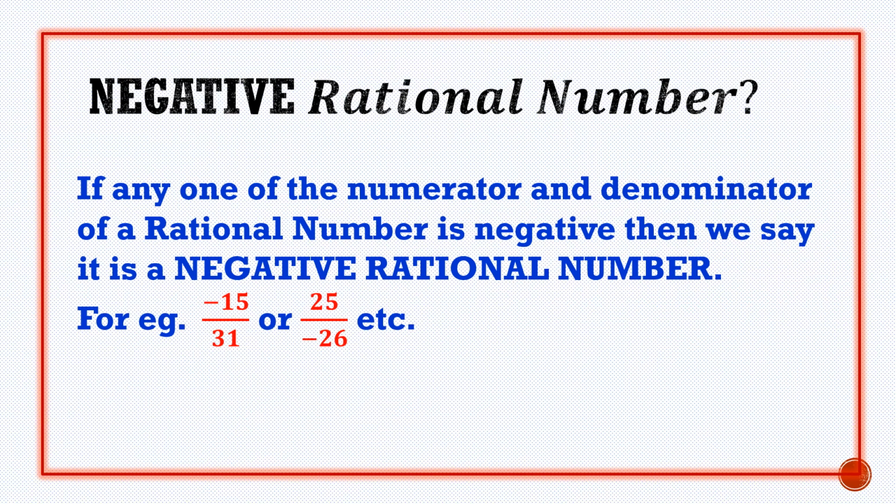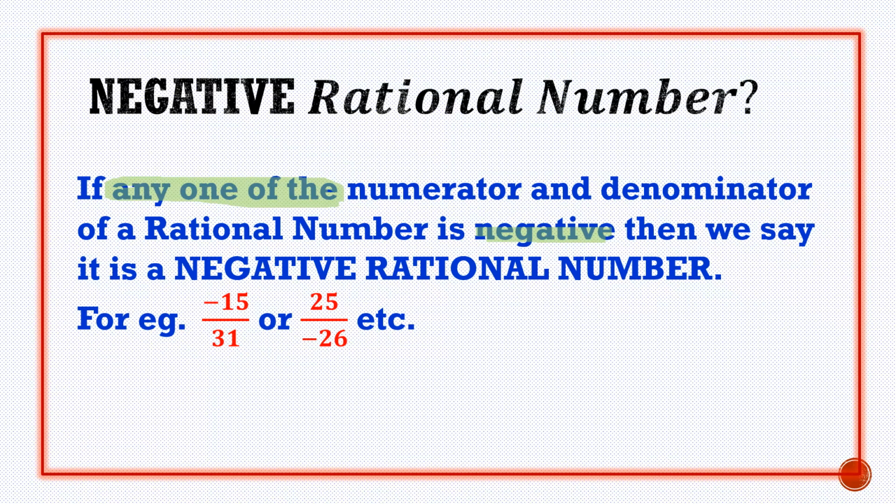Now, what are negative rational numbers? If any one of the numerator and denominator, it can be either the numerator or the denominator, of a rational number is negative, then we say that it is a negative rational number.